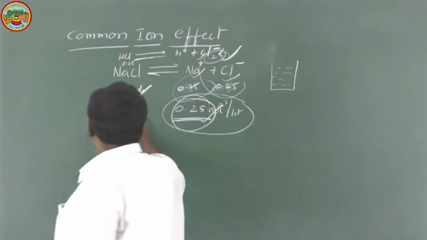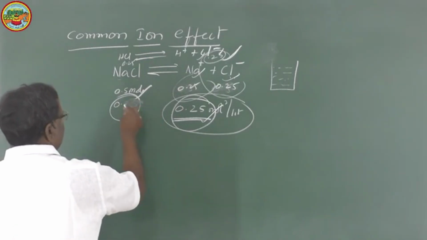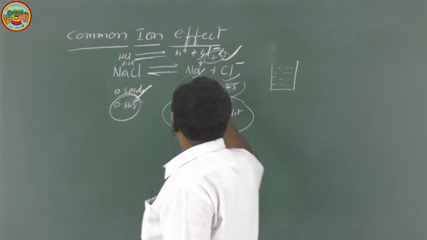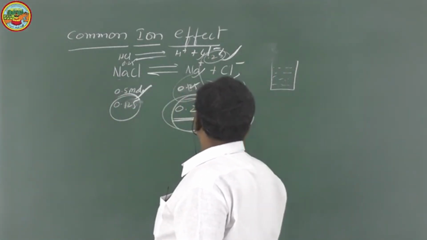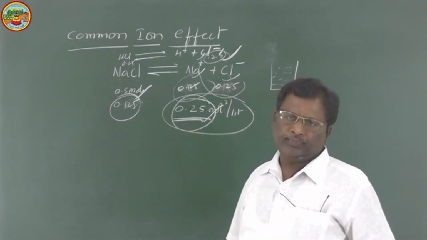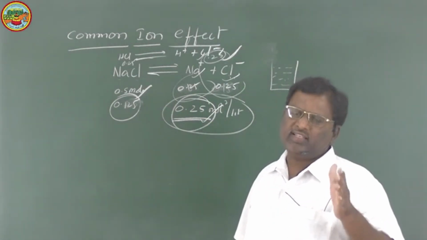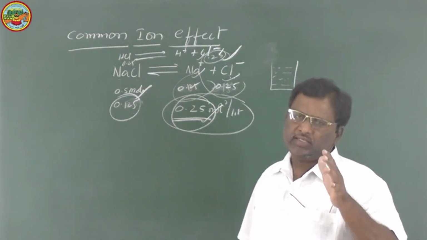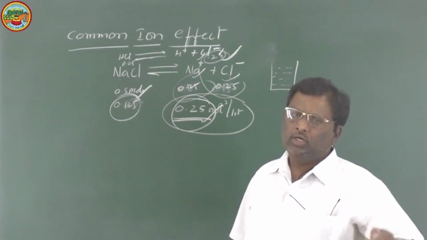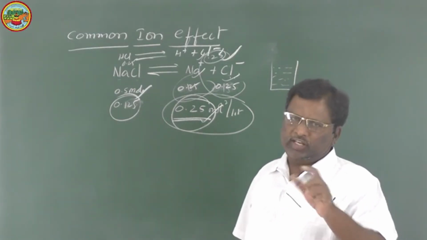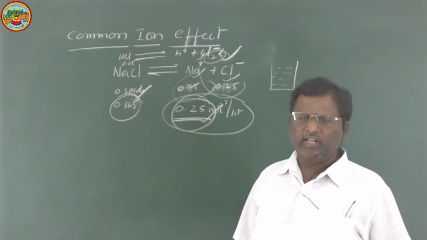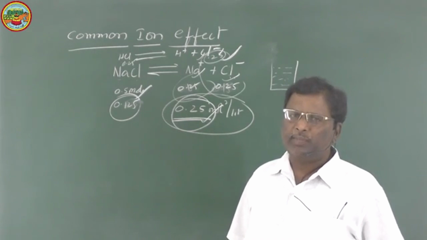That means only 0.125 moles is soluble, so here you will get 0.125 and 0.125 so that the product becomes 0.25. In that way, we can decrease the solubility of a salt by adding a common ion present in the salt to that solvent. The solubility of the salt is decreased. This effect is called the common ion effect.